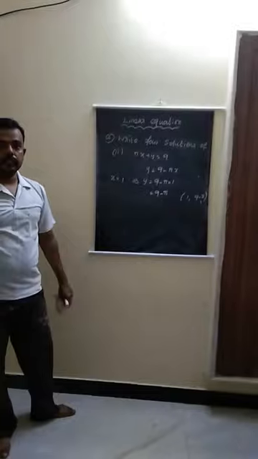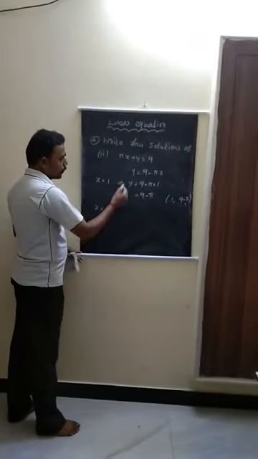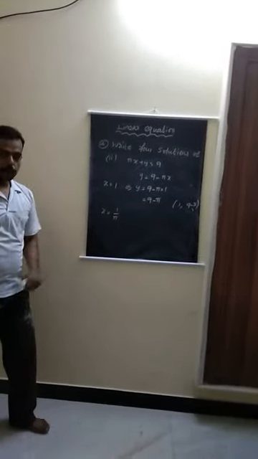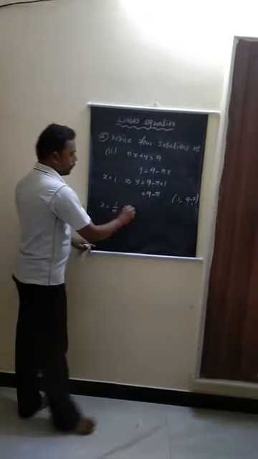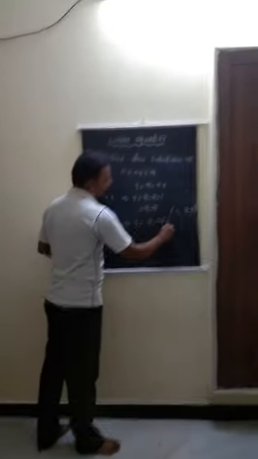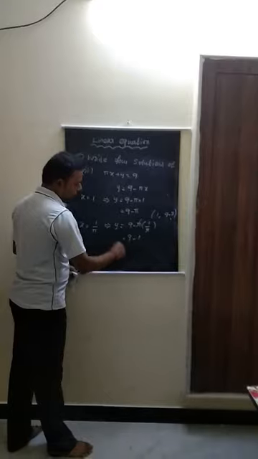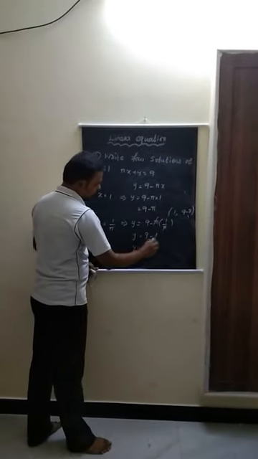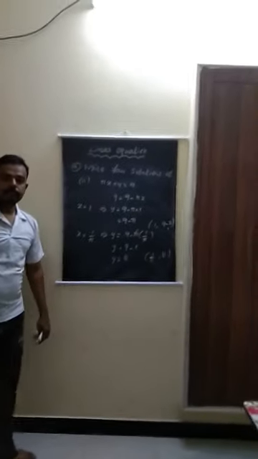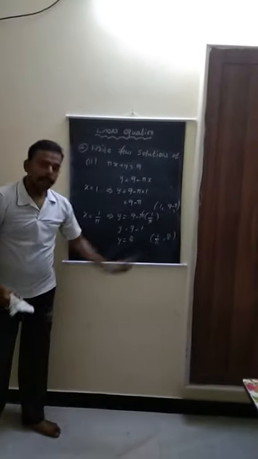Suppose x is equal to 1 by pi. 1 by pi is also a number. So y equal to 9 minus pi into 1 by pi. You can cancel pi. So 9 minus 1, so y equal to 8. So 1 by pi comma 8 is the answer. Okay. So don't bother about 9 minus pi or 1 by pi like that.